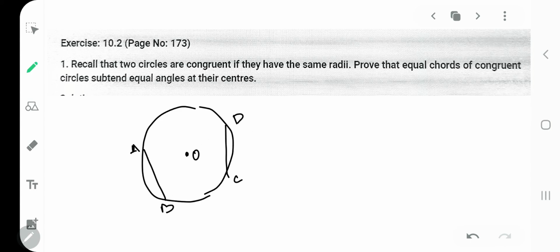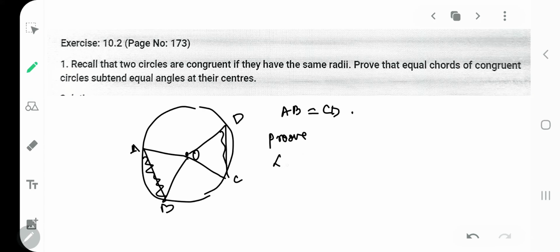In between you have a center O. We will join this and you have to prove if the chords are equal, that is AB is equal to CD, you have to prove that angle AOB is equal to angle DOC, because chord AB is subtending AOB at the center and chord DC is subtending DOC at the center. We have to prove that these both angles are equal.